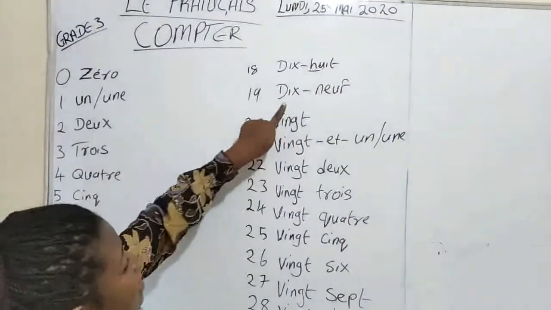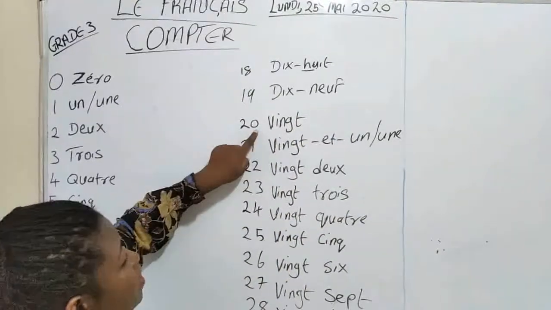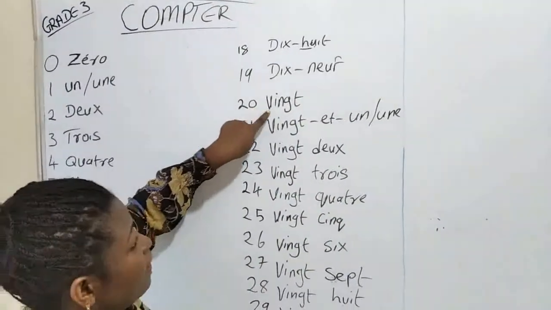So 19 here is this nerve, and 20 is then.